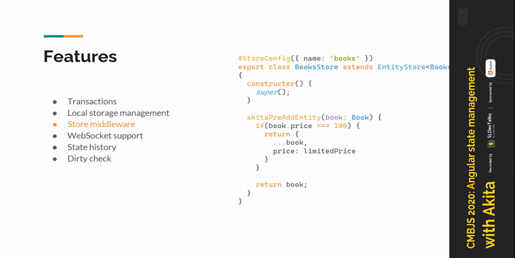And it also has WebSocket support, state history and state dirty check. So dirty check will allow you to see whether the store has been changed or not since its initialization. And these are some of the Akita features. You will be able to see a lot more if you consult the documentation.